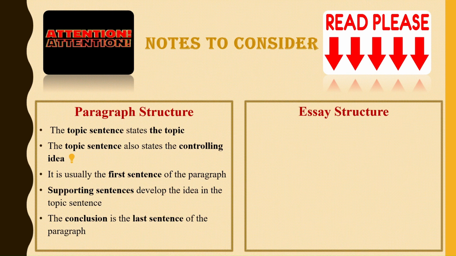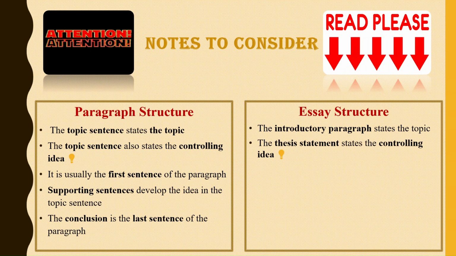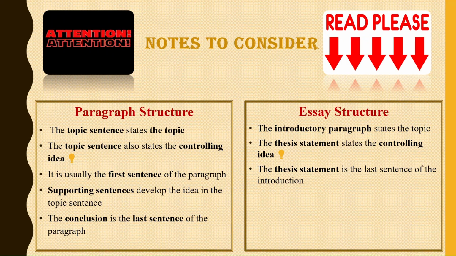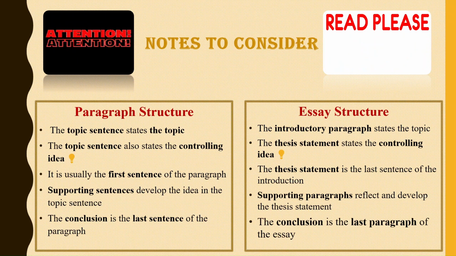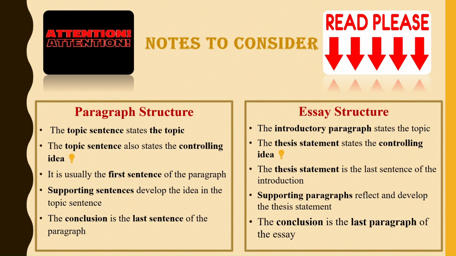Now, an essay works similarly, but on a larger scale. The introductory paragraph states the topic and ends with a thesis statement, the controlling idea of the whole essay. The thesis statement is the last sentence of the introduction. The supporting paragraphs develop the thesis, and the last paragraph brings the essay to a clear conclusion.